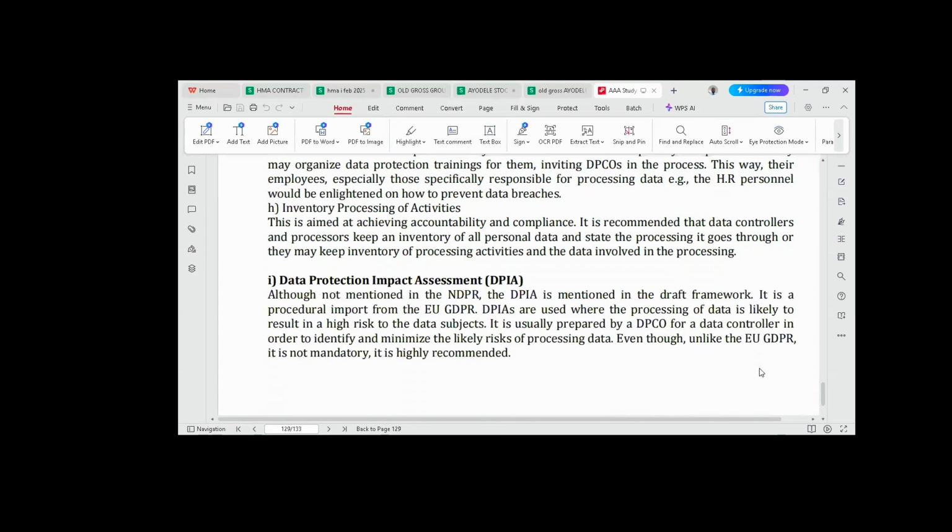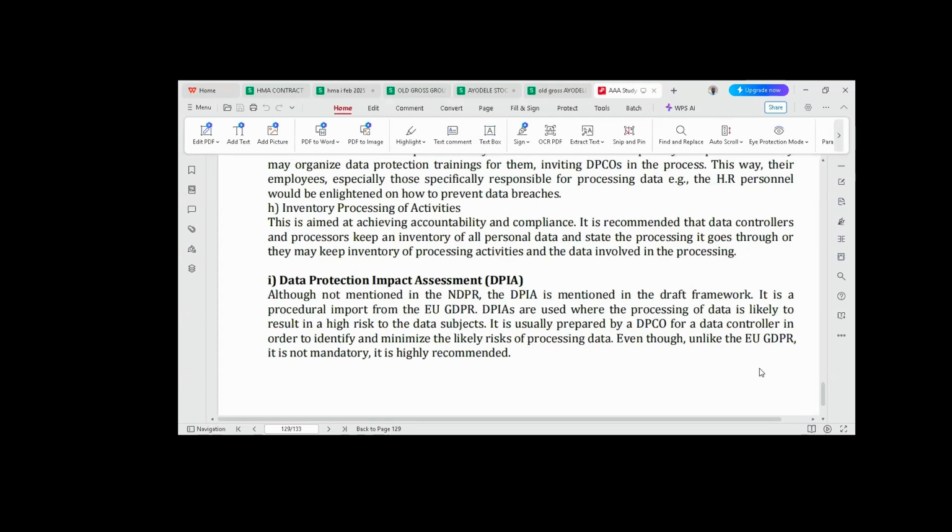Then they also have the data protection impact assessment. Okay. So from time to time, they are going to review all the information at their disposal with all the clients that have registered under the Nigerian Data Protection Act, or agency or regulation.